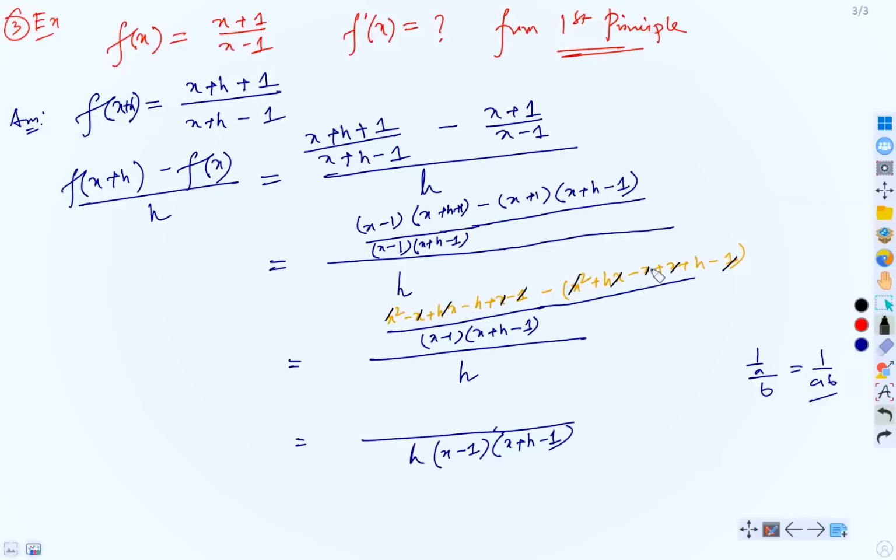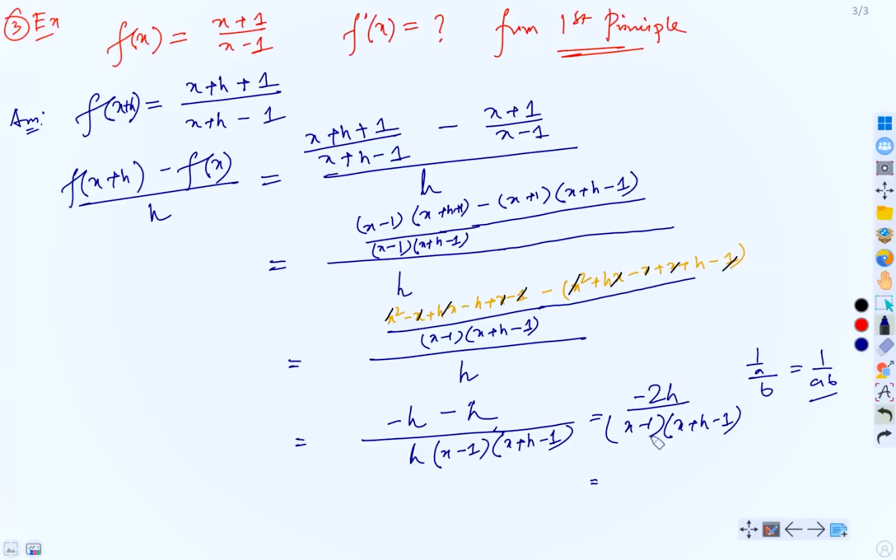From these terms and these terms, only h part will remain. So here we have minus h. Sorry, I was using blue color. So here we have minus h, and in this case minus of plus h, that is minus h. This is minus of 2h, x minus 1, x plus h minus 1.